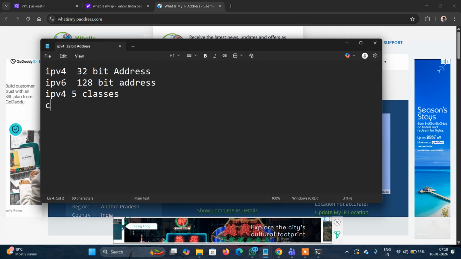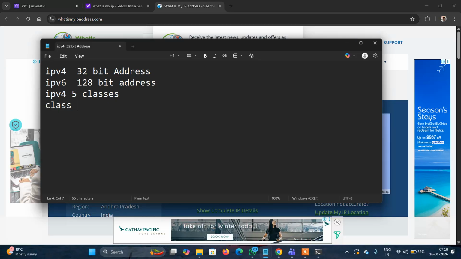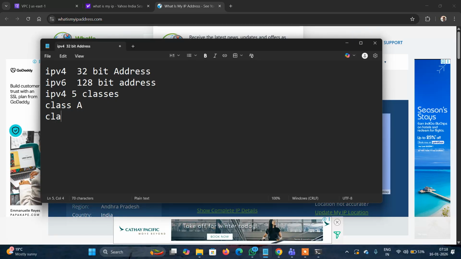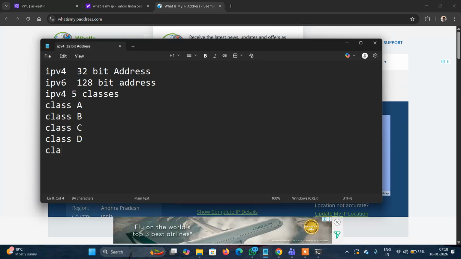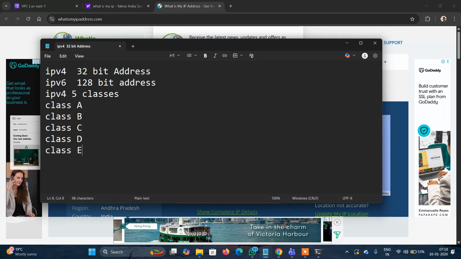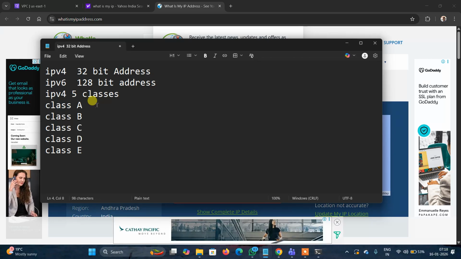In this one, we use class A, and second the class B, class C, class D, and class E. Understand? In this one, A, B and C are used for the local area network. A local area network is nothing but your internal network.